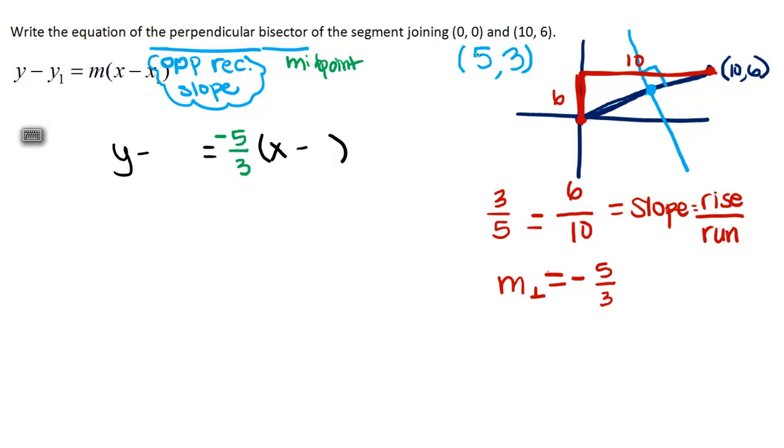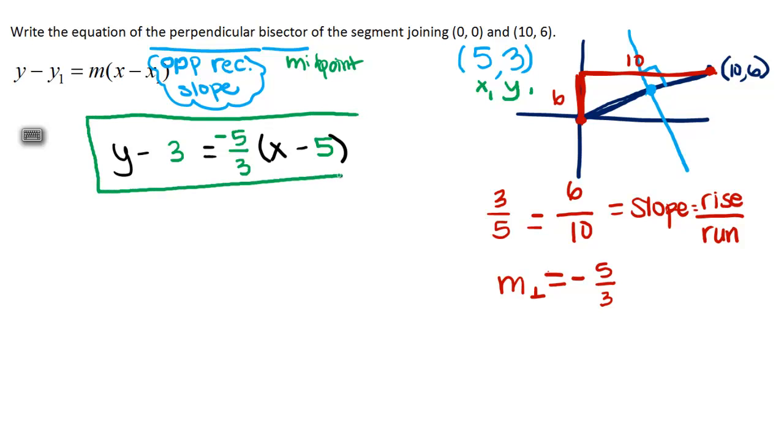And then let's pop in my point. This is x1, remember, and this is y1, so that goes over there. And that's pretty much it. So here's my equation of a perpendicular bisector of 0, 0, and 10, 6.